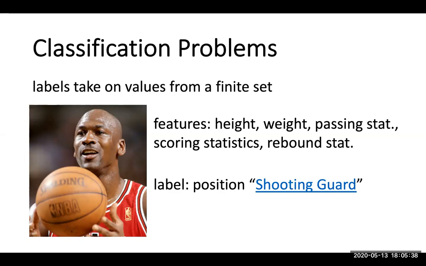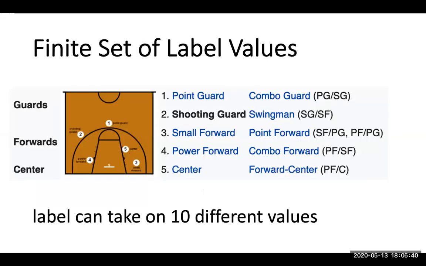I'm not a basketball expert, but I found these positions on the internet. I don't know how true that is, but at least according to the web page that I used, there are 10 different positions. So the label, which is the optimal position of the basketball player, or where the basketball player should play, can take on 1 out of 10 different values.